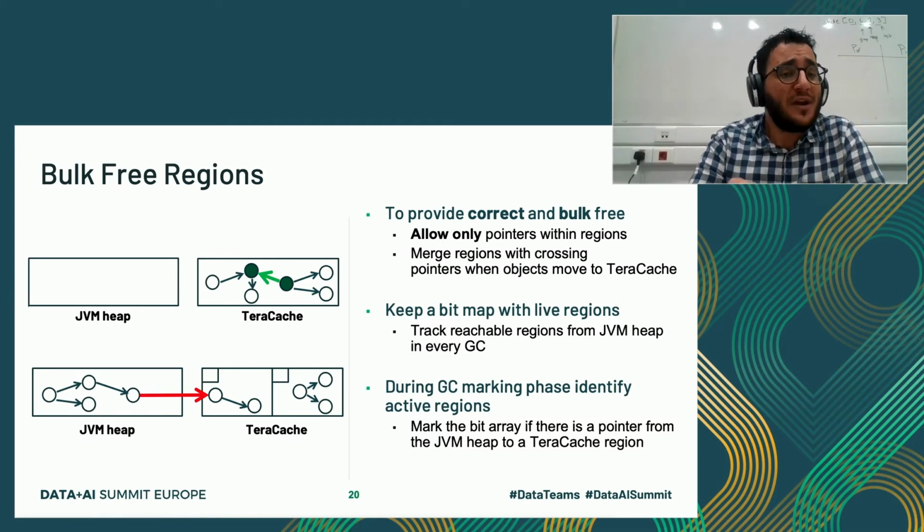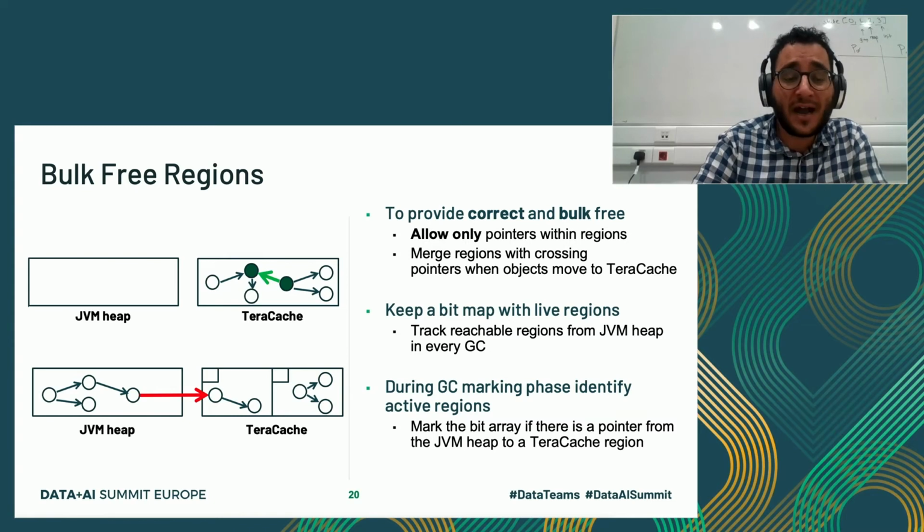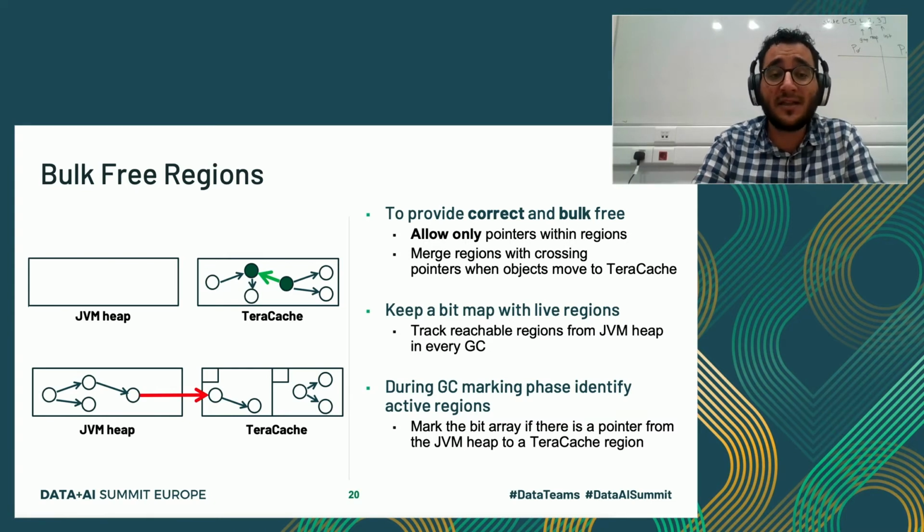But how are we now going to reclaim entire regions, and how do we know which regions are active and which are inactive without automatically garbage collecting in the TeraCache? In order to know which regions are alive and which are inactive, we keep a bitmap with live regions and track reachable regions from the JVM heap on every garbage collection.